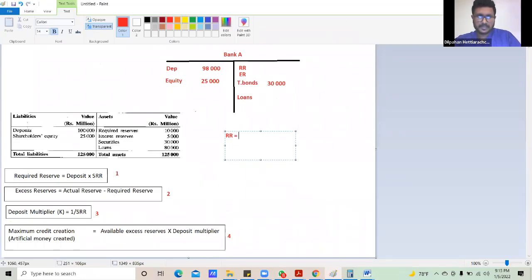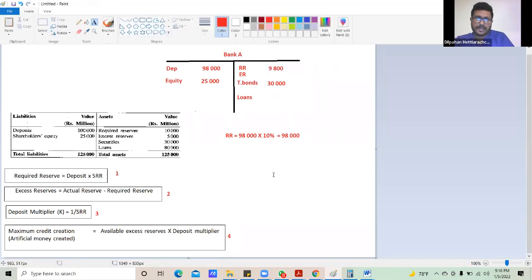So required reserves equals deposits, how much? 98,000 into SRR, how much? 10%. So what's the answer? 9,800. In the previous balance sheet, it was 10,000. Now required reserve RR is not 10,000, it is 9,800. How did that change? That changed because of the reduction in the deposits, right?